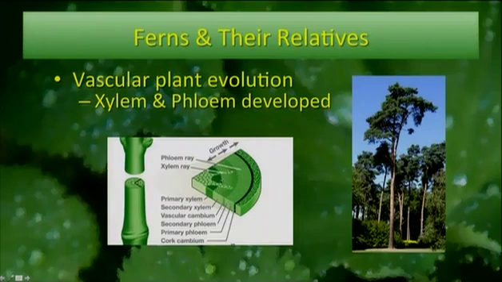So you have primary phloem that came from primary growth. You have primary xylem from primary growth. You have secondary xylem from secondary growth. Here you have bark from the cork cambium that produced the bark of this tree. So this is actually an angiosperm that we're looking at right now, but we have the idea of xylem and phloem. So ferns and their relatives have water-conducting cells and food-conducting cells.